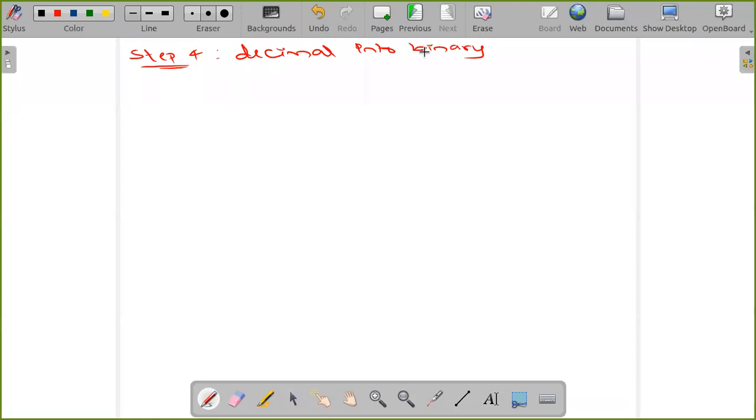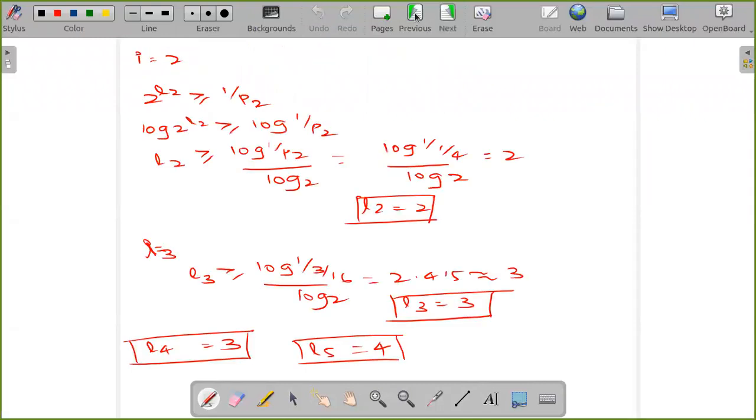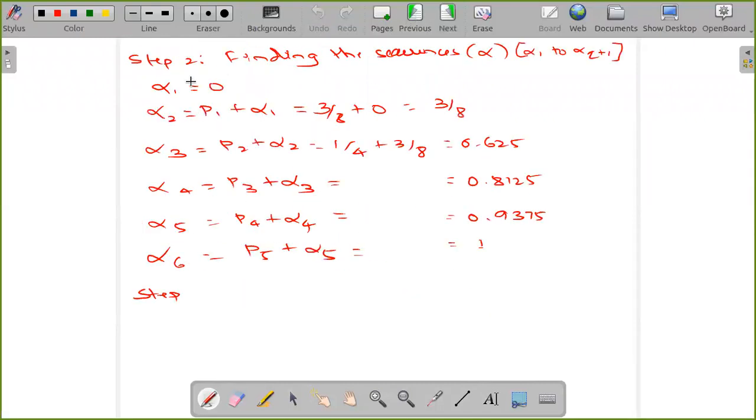Converting alpha values, all these are in decimal, I should convert into binary now. As we know, alpha 1 is always 0, keep it like that only. We don't have any issue with alpha 1, because by default I have taken alpha 1 equal to 0.